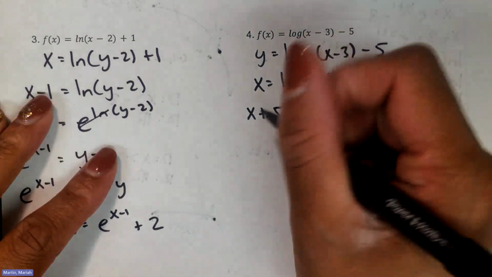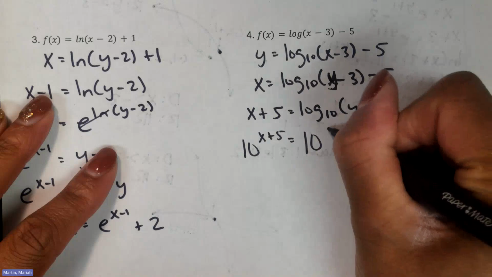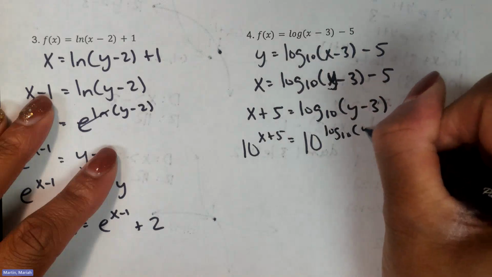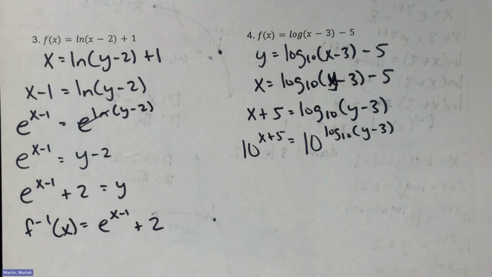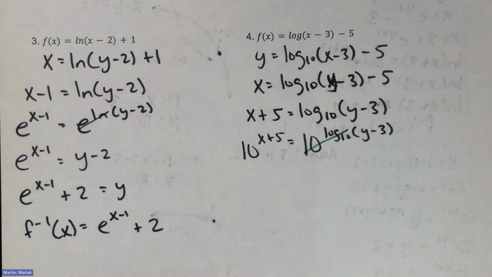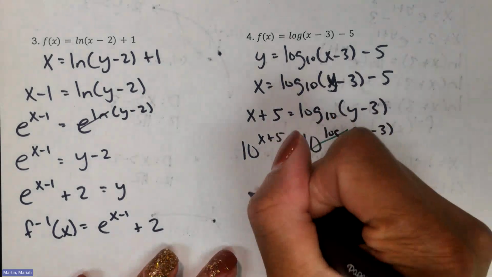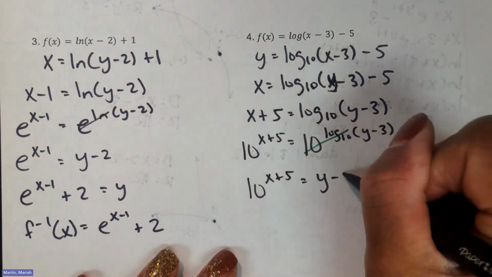So now I'm going to do 10 to the x plus 5 equals 10 to the log base 10 of y minus 3. It's redundant for a reason because we're supposed to be canceling something out, and 10 to the log base 10 is going to cancel out. The goal is to get y by itself, so something must go. So 10 to the x plus 5 equals y minus 3.